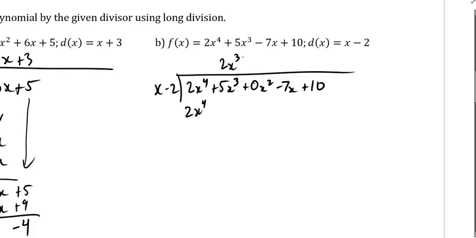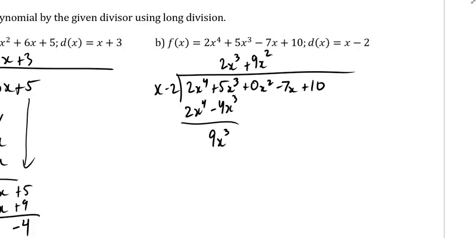Then I go 2x cubed times negative 2. So negative 4x cubed. Subtract. First column 0. 5x cubed minus negative 4x cubed is 9x cubed. And here's where this is important. X goes into 9x cubed plus 0x squared, 9x squared times. So that's plus 0x squared. Bring that down.